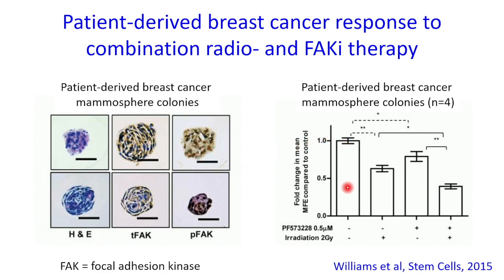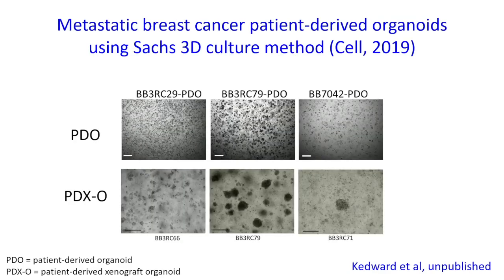And then we could use these patient-derived breast cancer cells. Here we took 4 patient tumors and showed that the combination of irradiation and the targeted therapy was more efficacious than either alone. So these are the kind of preclinical in vitro models from patient samples that you can use.